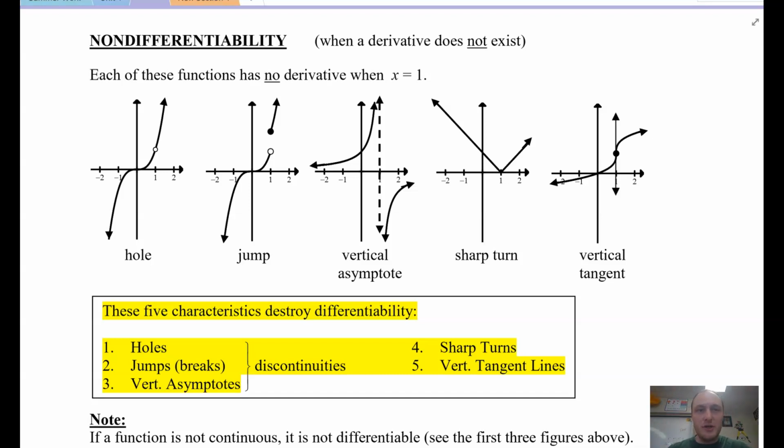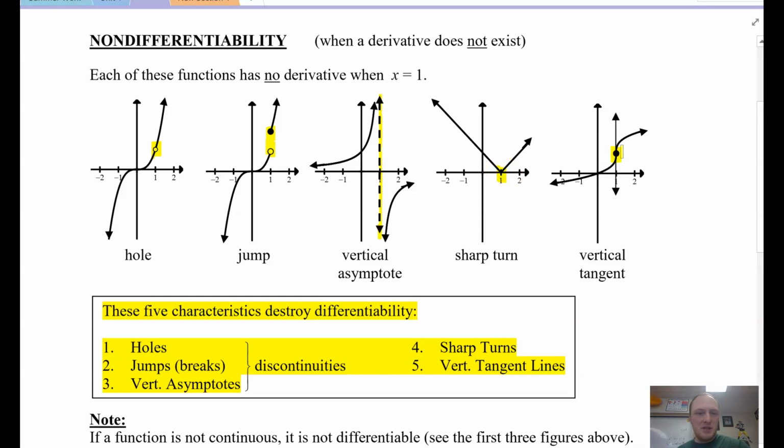Just visually, you can see where these are not differentiable. My computer is being very slow right now, so bear with me, I'm sorry. Right here, not differentiable. And right here, not differentiable. And right here, here, and here.